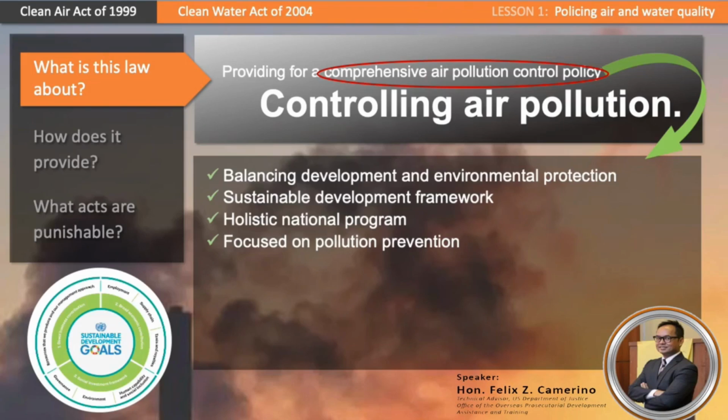The word holistic is derived from the word whole, W-H-O-L-E. That's why you'll see on the bottom left corner I use this circle as an example, and this circle is the way the United Nations is trying to demonstrate all of the aspects of their sustainable development goals.